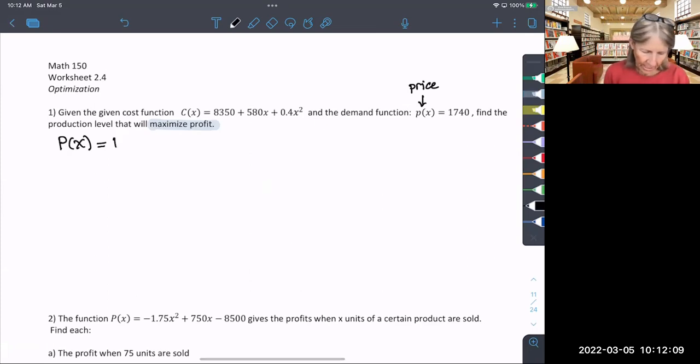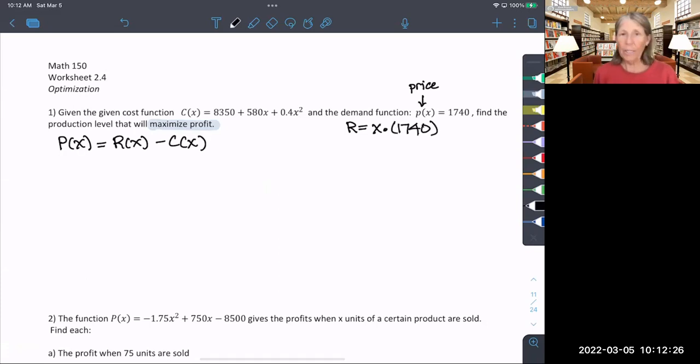So I can get profit. Remember our formula, we can get profit by revenue minus cost. I can get the revenue because I have the price function. Revenue is always quantity, so x, multiplied by our price. So in this case, 1740. All right, so I have a revenue function, I have a cost function. Let's get our profit function, and then we will be off to the races here.